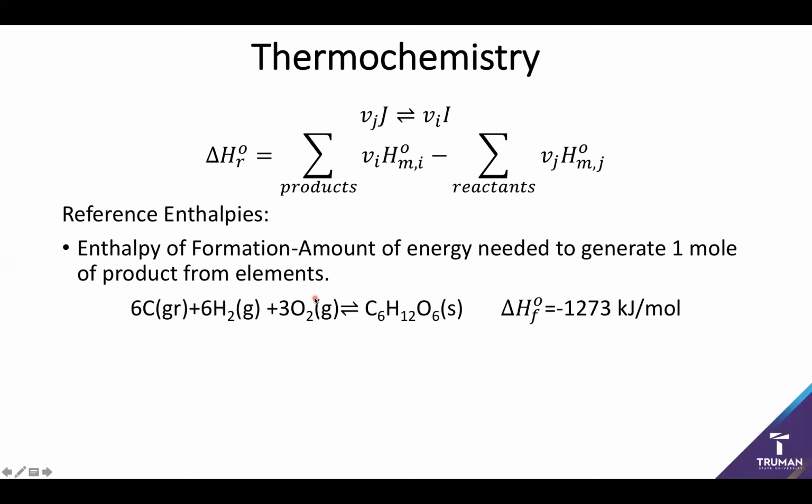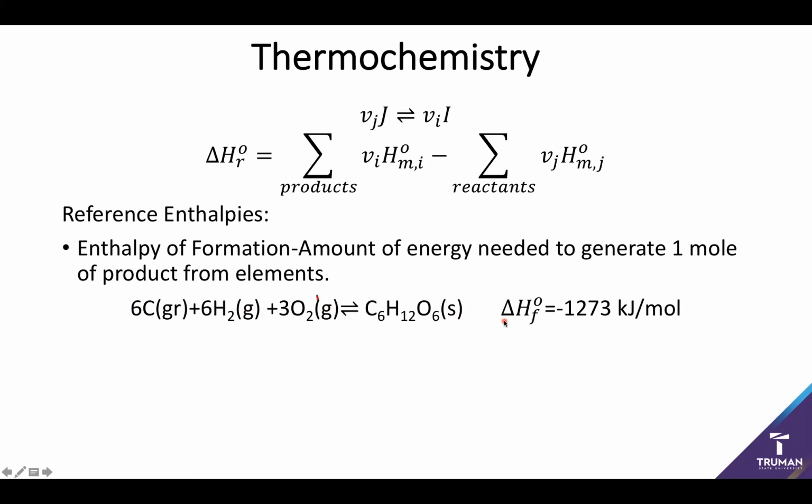So let's say I'm making sugar. Good old glucose. It can be made from carbon, hydrogen, and oxygen. The most stable state of carbon is going to be graphite. The most stable state of hydrogen is going to be H2 in the gas phase. And the most stable state of oxygen is going to be O2 in the gas phase.